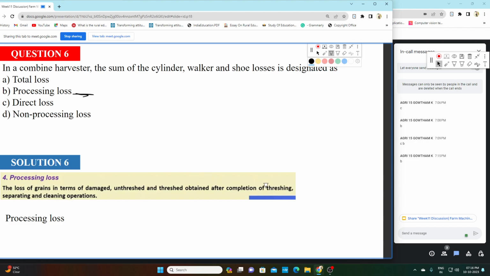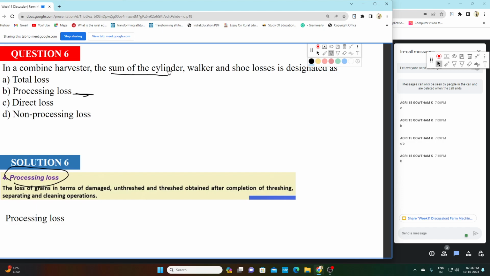All the operations of a combine harvester are processes. That is why we term this type of loss processing loss: the losses that happen during the processing in the combine harvester.